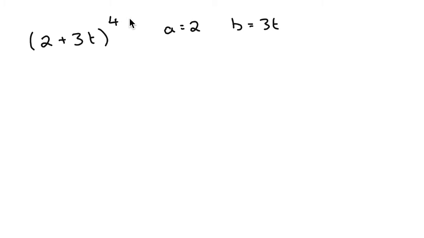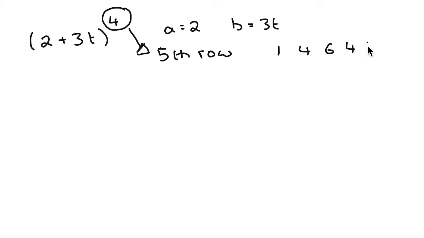And the power here is 4, so that tells us we're going to have to look at which row of the triangle? That's right, the 5th row of Pascal's triangle. And the 5th row is 1, 4, 6, 4, 1.